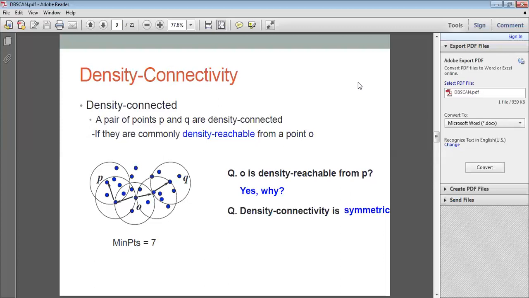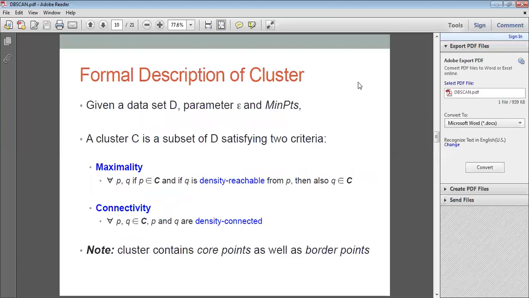Here P is density connected to Q and Q is density connected to P. Density connectivity is a symmetric relation, but density reachable is not a symmetric condition. These two criteria, density reachable and density connectivity, are used for forming clusters and connecting dense regions to each other.